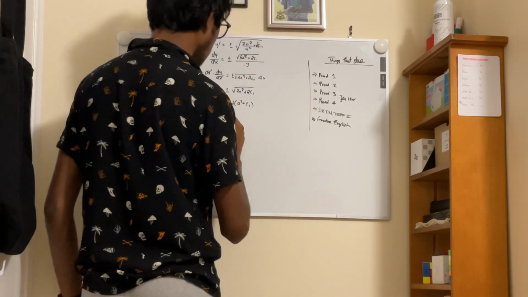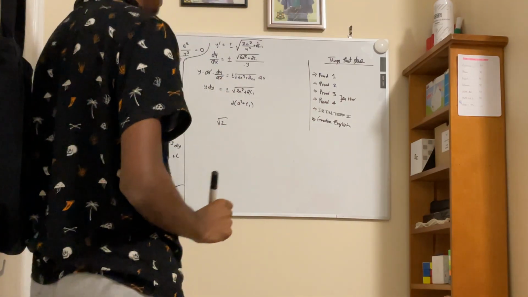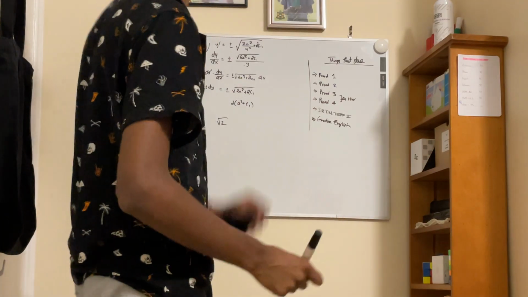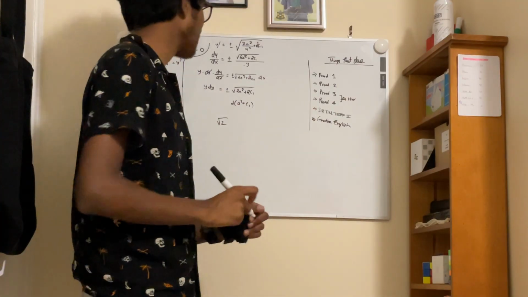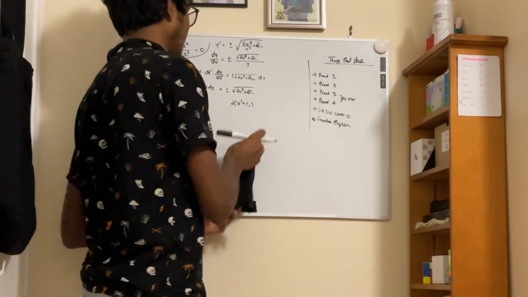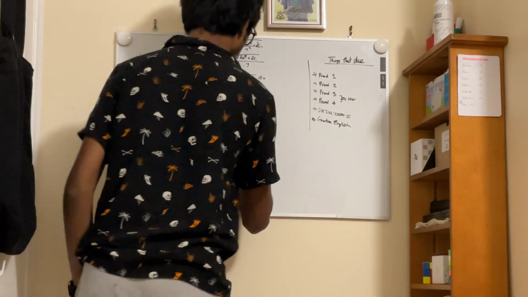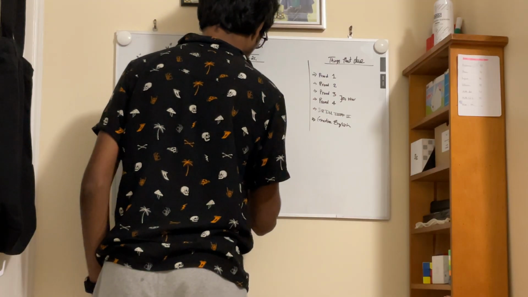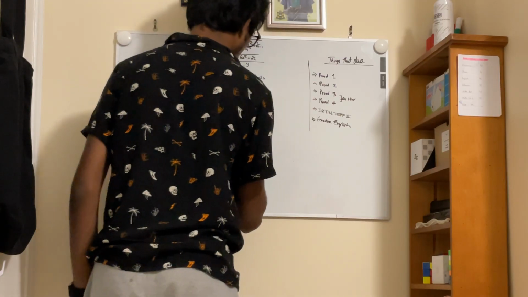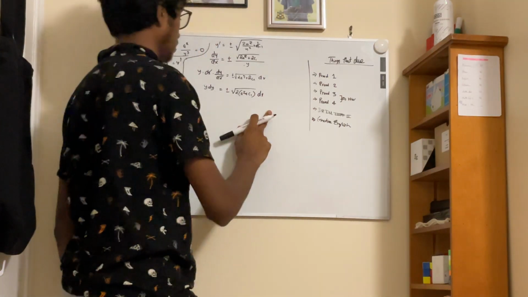And what's the square root of 2? Well, I just realized that the square root of 2 isn't happy for anybody. A squared plus c1. Nice. And of course, this is with respect to dx.